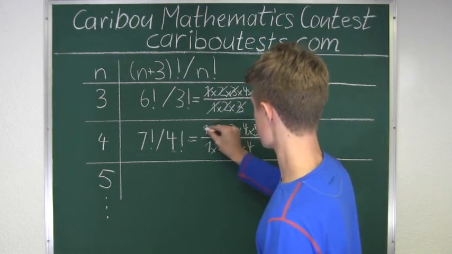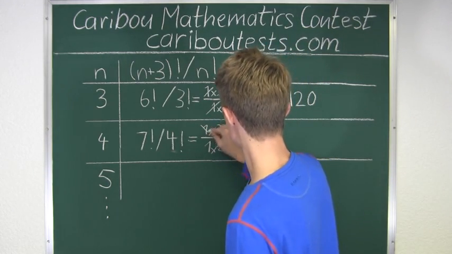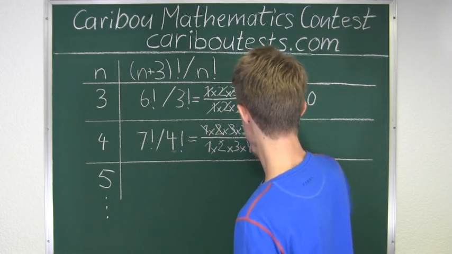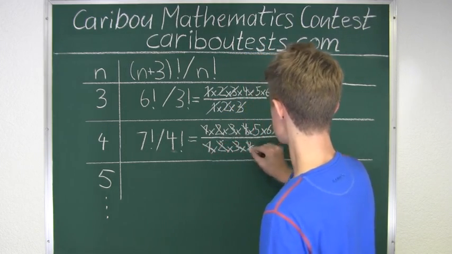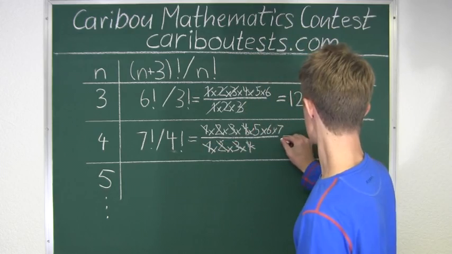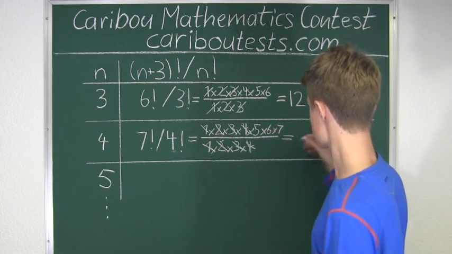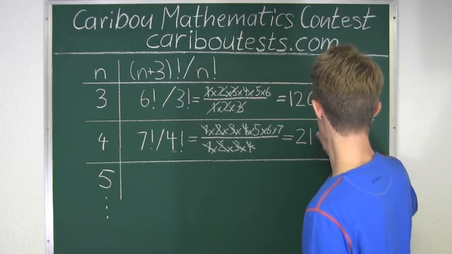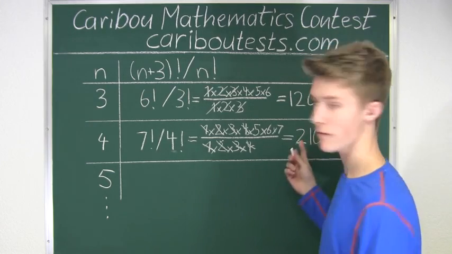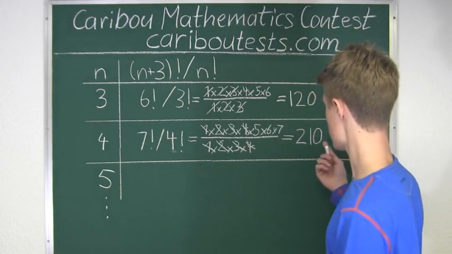And again, these factors cancel out. So what we are left with is 5 times 6 times 7. So 5 times 6 is 30, times 7 is 210, which is exactly what we want, because we have the factor of increase being 210.